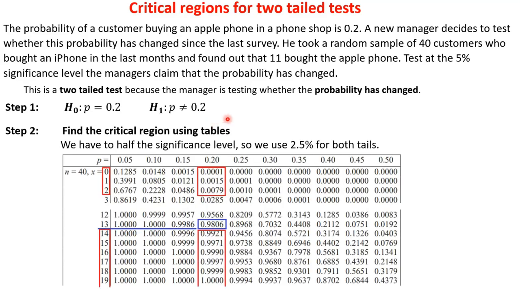And in the second step, as usual, we have to find the critical region using tables. So we have to look at both tails. We have to find the critical region for the left tail, which is here, and the critical region for the right tail, which is here.